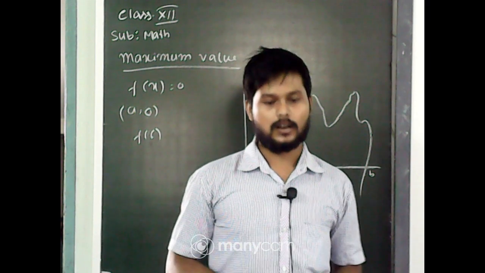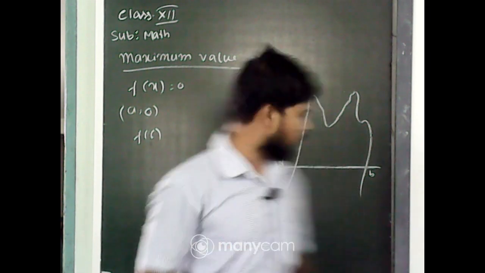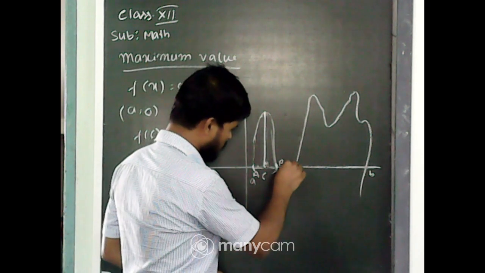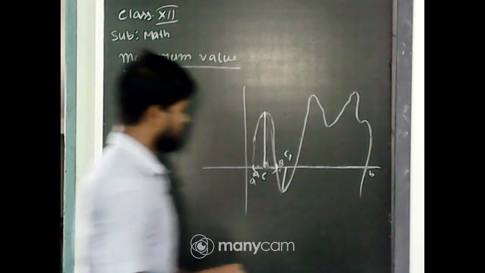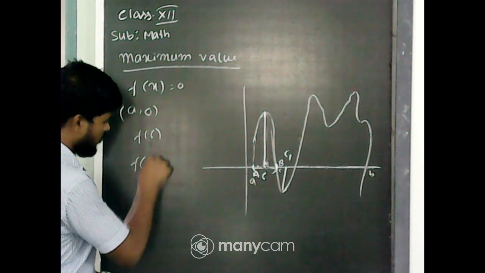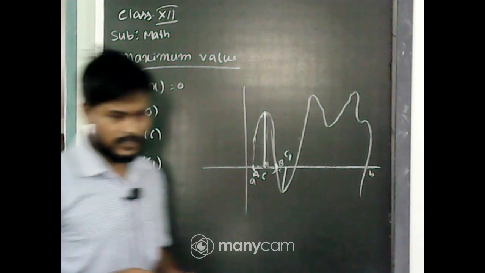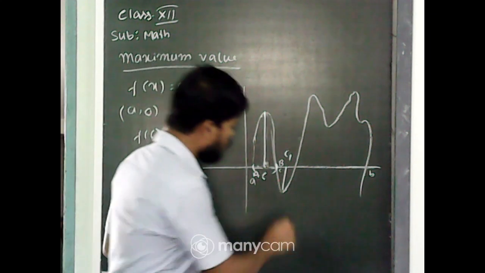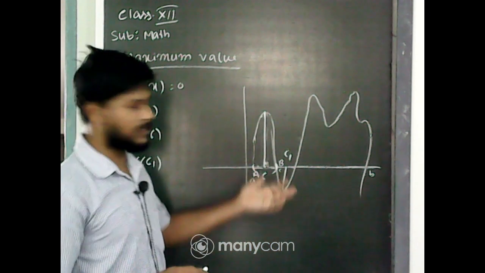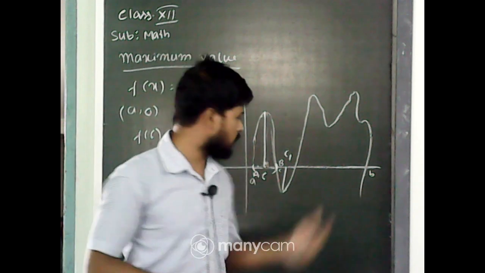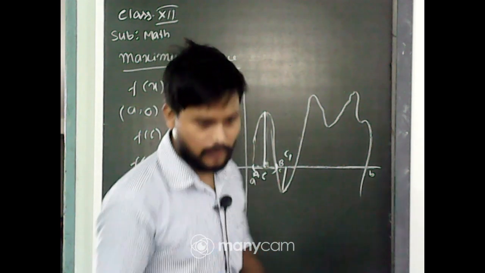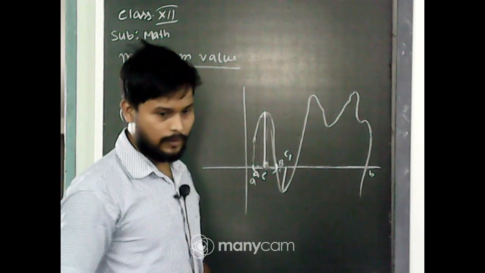And what is a local minimum point? Suppose at x equal to c1, the value of f of c1 is less than the other values of f of x in this interval. Then we say that the function has a local minimum point in this subinterval. So, this is actually the local maximum value and the local minimum value.